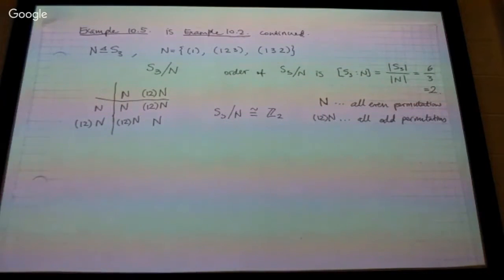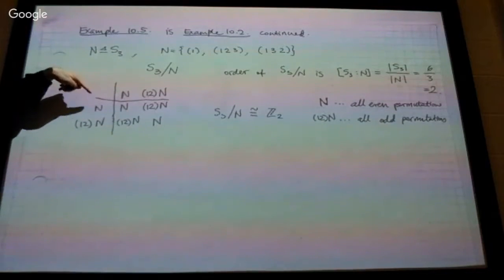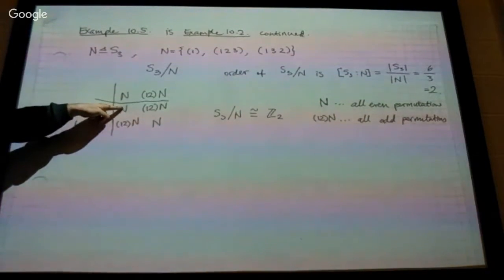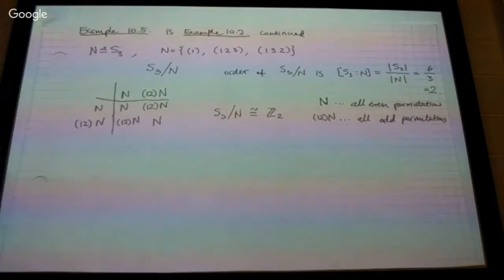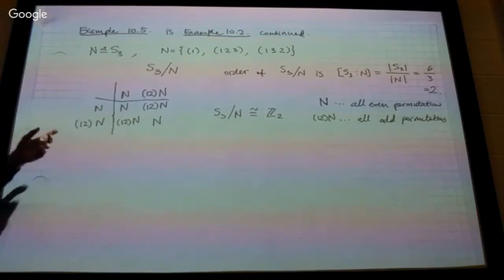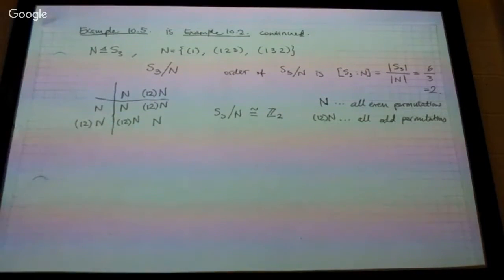So what this is telling you is that if you take 2 even permutations, 1 from each coset, you get an even permutation. You take 2 odd permutations, you get an even permutation when you multiply them. When you get an even and an odd permutation, no matter what order, you always get an odd permutation. And this is the meaning of the factorization.